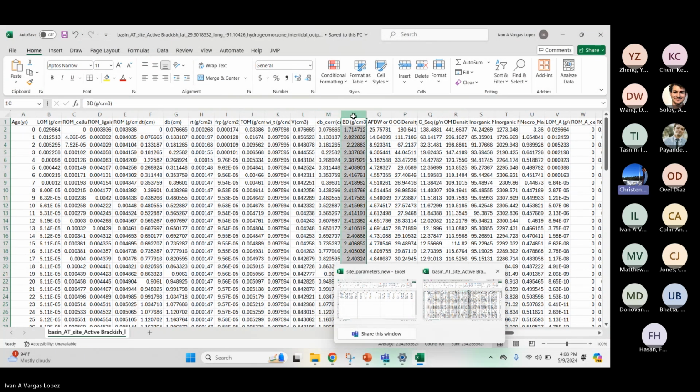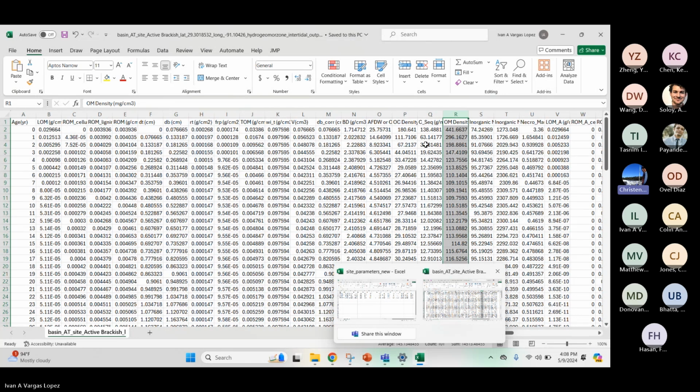You can also see the bulk density in different stages, then your organic matter percentage, carbon density, you can see everything. So this is the file we changed, hypothetically. This will not give you a good value, obviously.